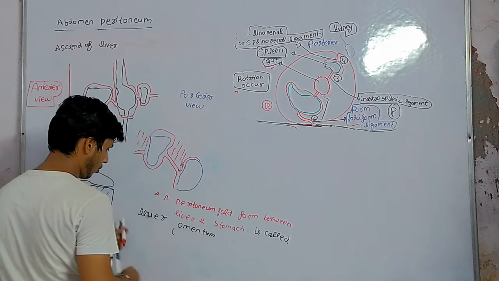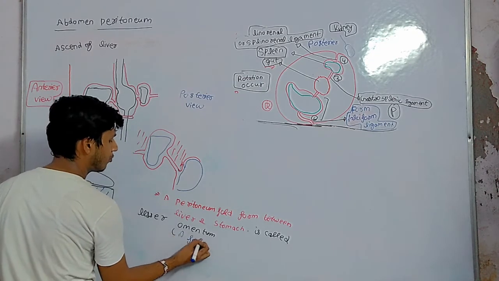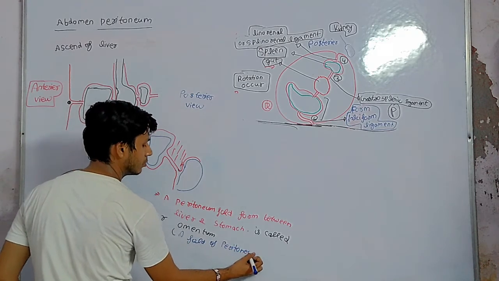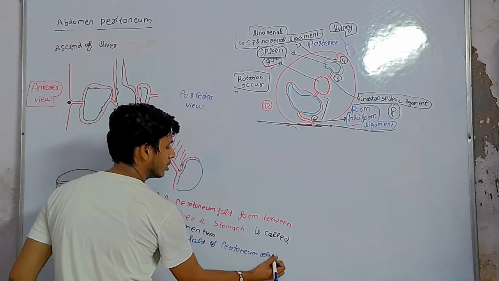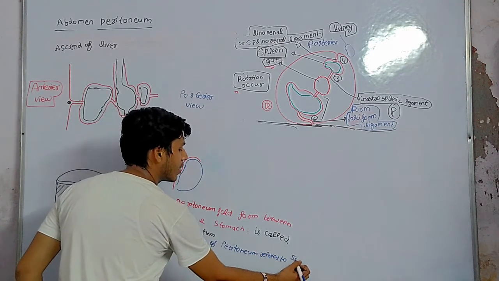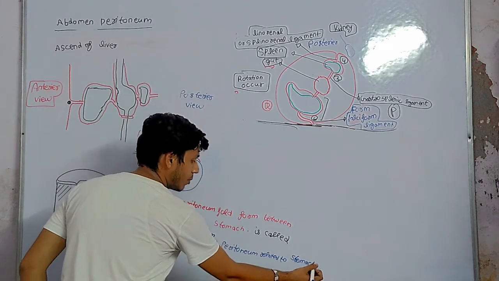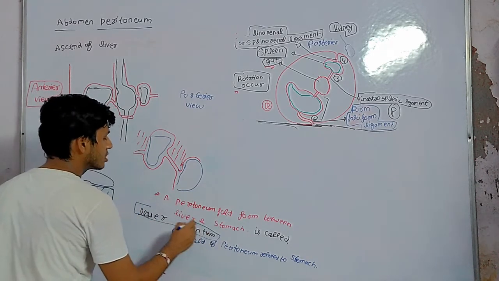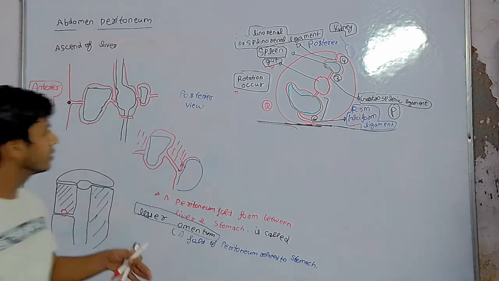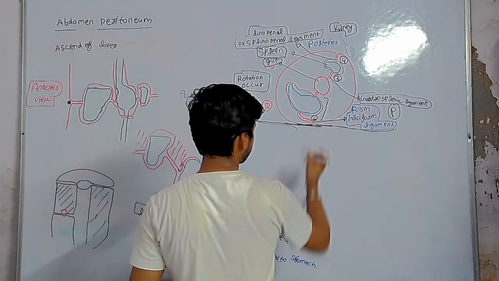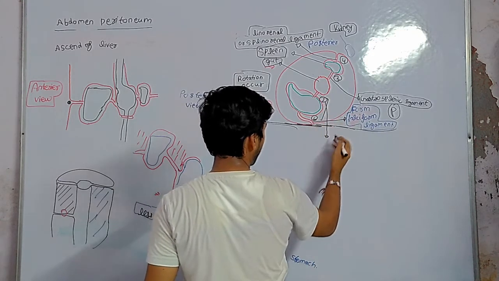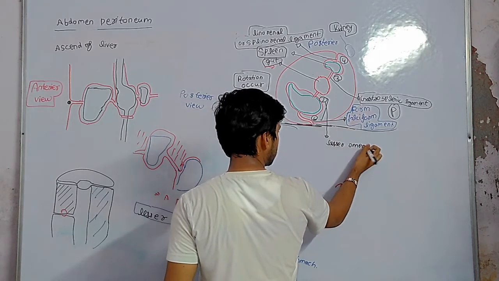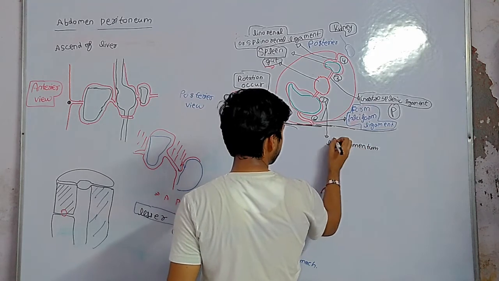A fold of peritoneum related to stomach. So one is the lesser omentum, which is formed from the posterior part of ventral mesogastrium. Complete. So we can write here: it formed the lesser omentum.